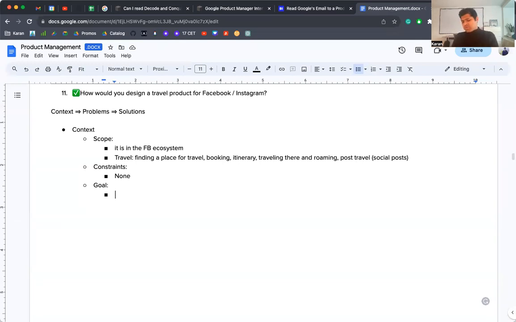So I would assume that it's not necessarily about acquiring new users, because yes, Facebook and Instagram already have quite a good chunk of users. But I think it's probably more about engaging these users more on the Facebook and Instagram ecosystem. And I think that could be our goal when we are thinking about designing a travel product.